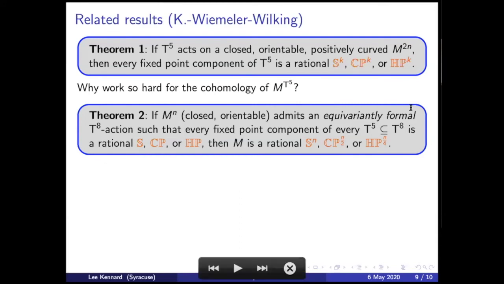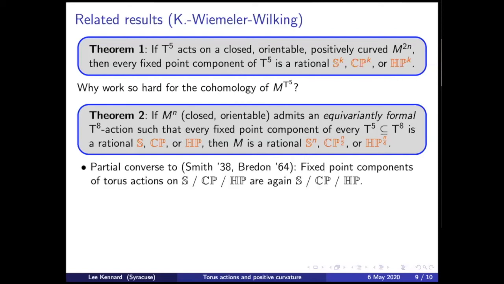It means that when you build the Borel construction of this torus action, also known as a homotopy quotient, there's a projection down to the classifying space of T, and this is a fibration with fiber M. You look at the spectral sequence, and equivariantly formal is equivalent to saying all differentials in that spectral sequence vanish. If you've read about equivariant cohomology, you know that this is the easiest case, where everything's really easy and nice. You also learn this is a very strong assumption.